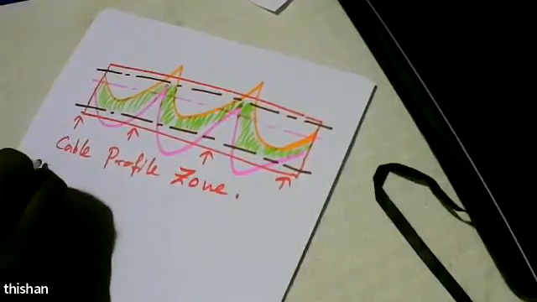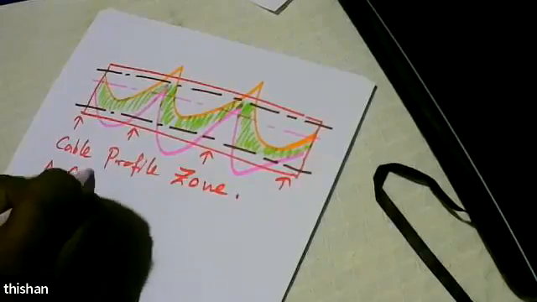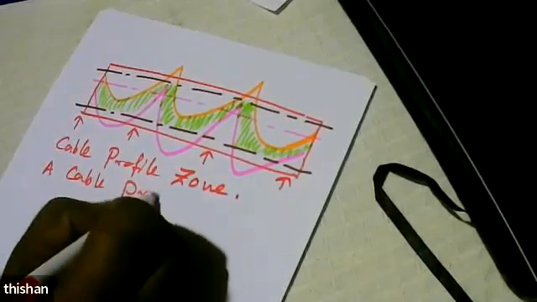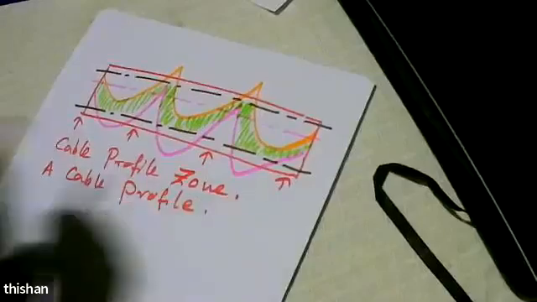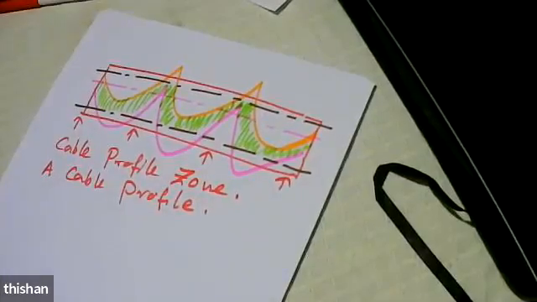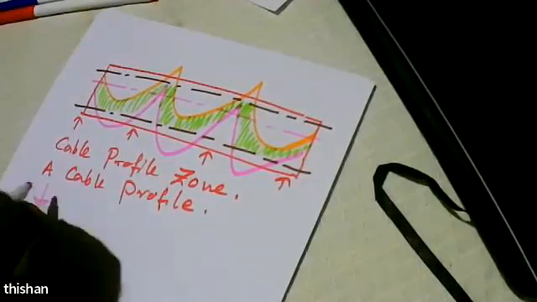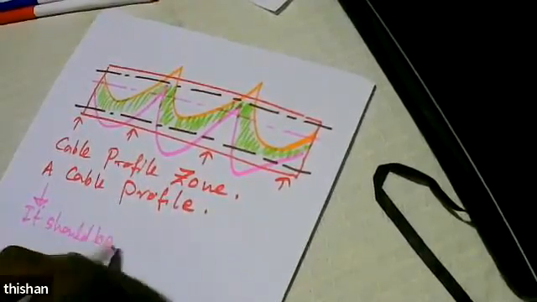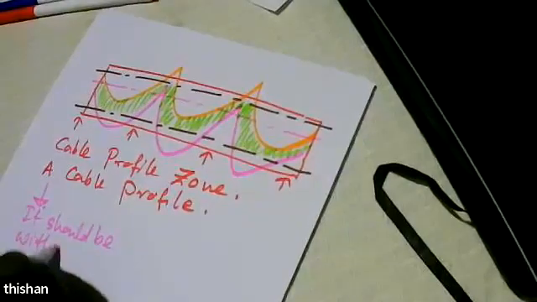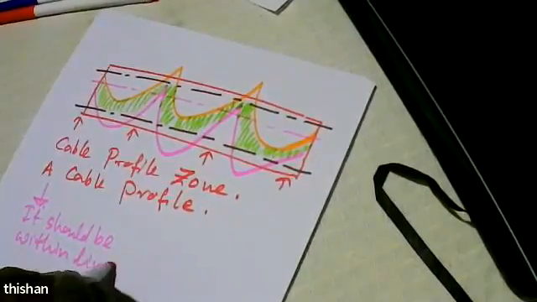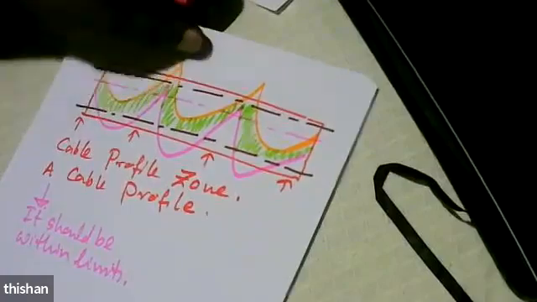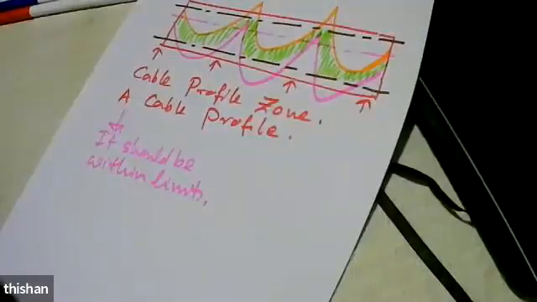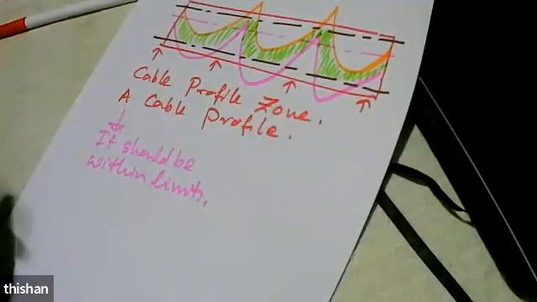Now we have to select a cable profile. It has to satisfy two conditions. One is it should be within limits. Within limits. It's one. What is the second condition?